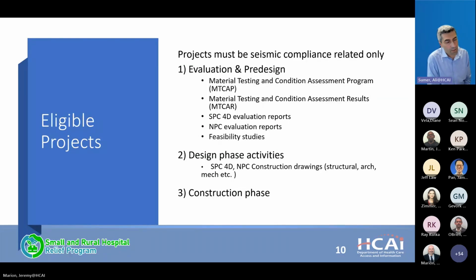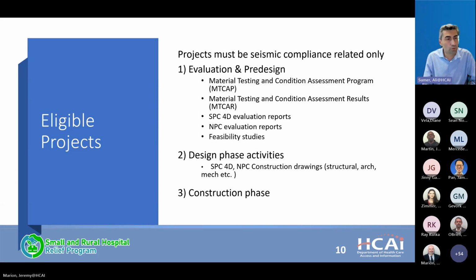What are the eligible projects in this whole process that I explained? This gives the details. It's really three bins. One, the evaluation and pre-design. Two is the design phase activities, and the third one is the construction phase. The evaluation and pre-design is about material testing that looks at the building condition. Before engineers and design professionals make any suggestions on how to improve the building, they look at the condition of the building.